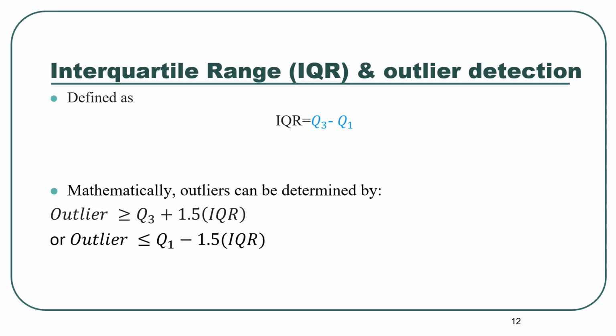And if it is less than or equal to the first quartile minus 1.5 times the interquartile range, then it would be considered an outlier. So these two boundaries are reflecting the limits for an observation to be an outlier.